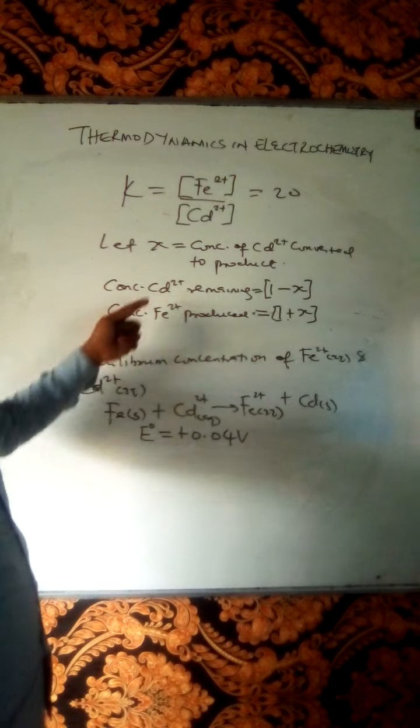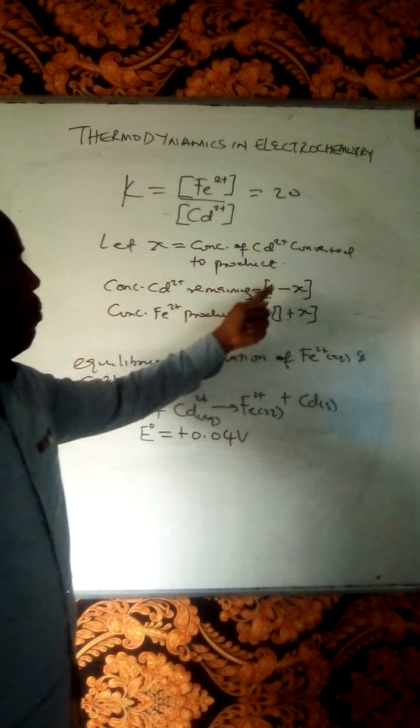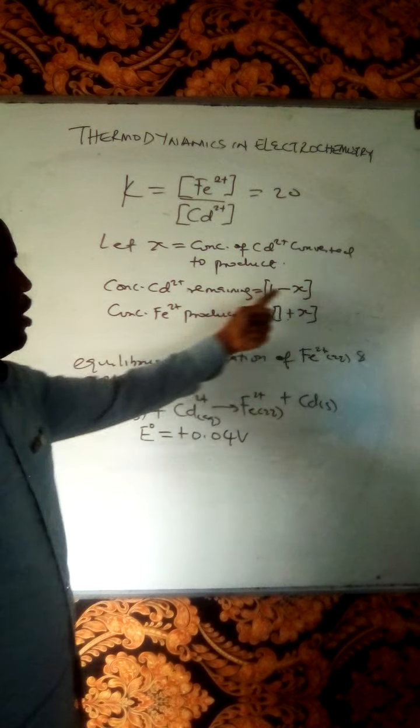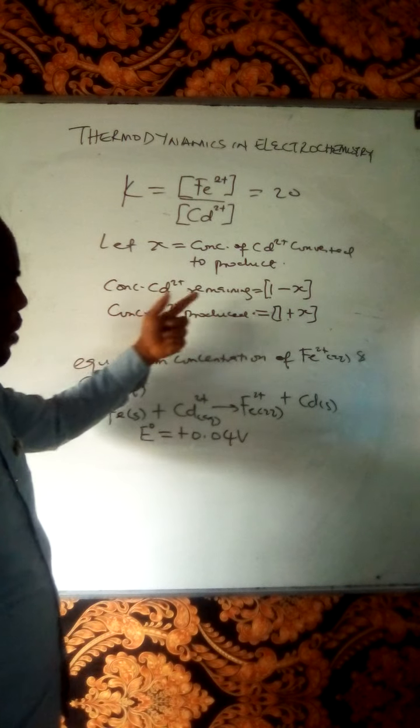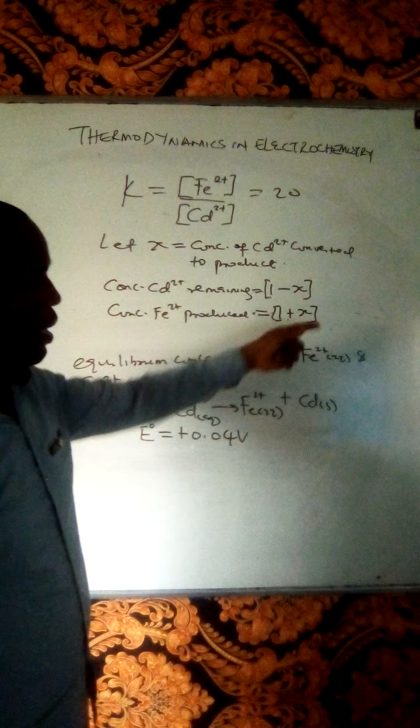So the cadmium remaining will now be 1 minus the amount of S that is removed, while the iron 2 at the same time will now be 1 plus S.